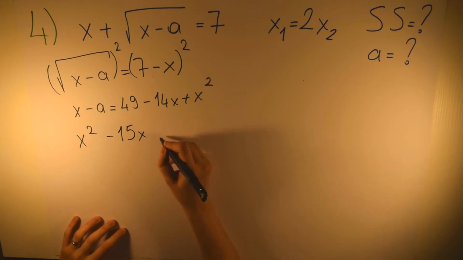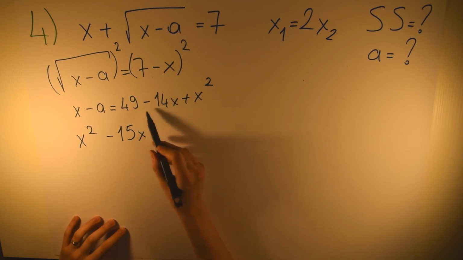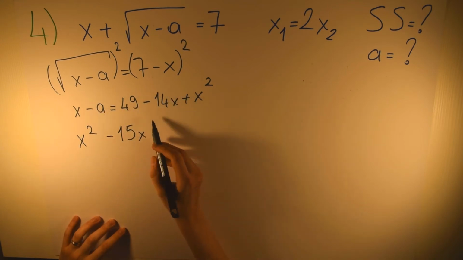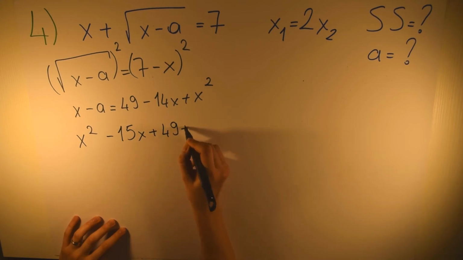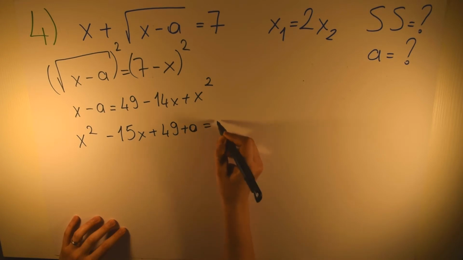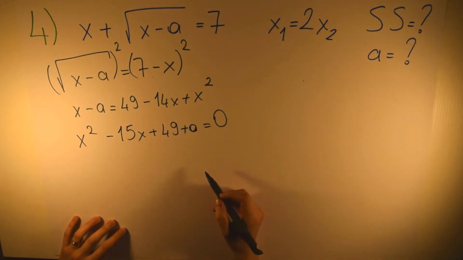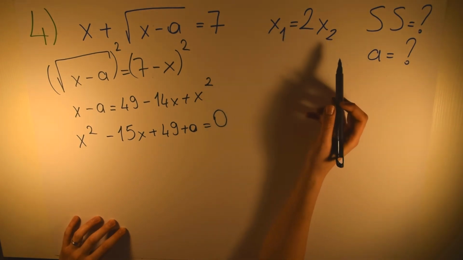And then here I have x, here I have 49, and here this is minus a. When I put this minus a to other side, it will become as plus 49 plus a, which is equal to 0. So this is our quadratic equation, right? So it's given that x1 is equal to 2x2.